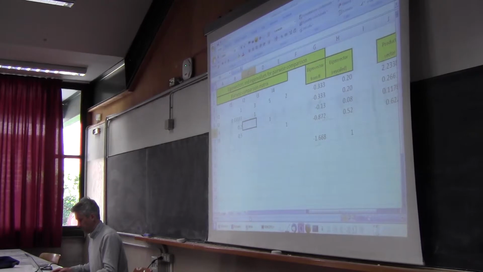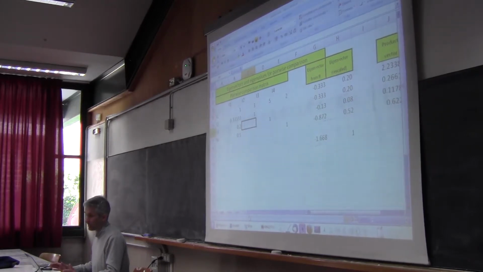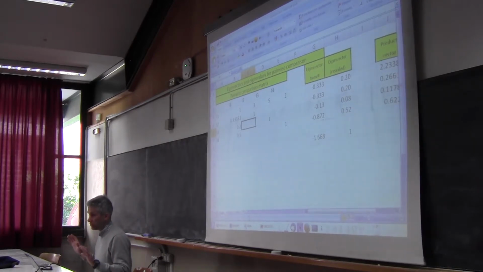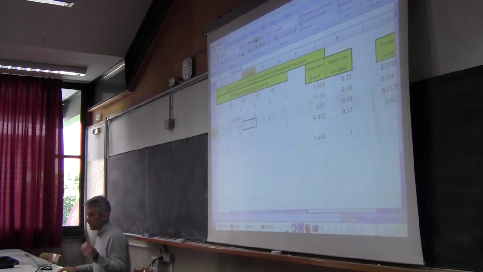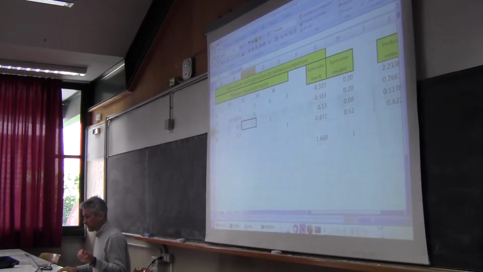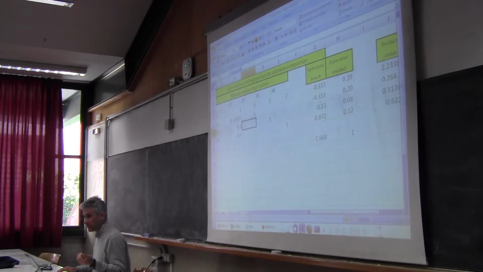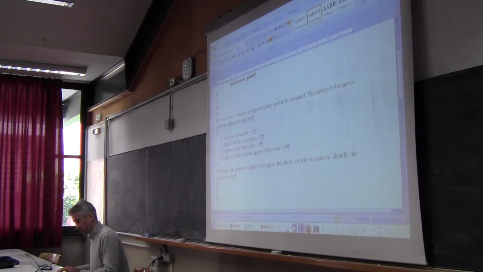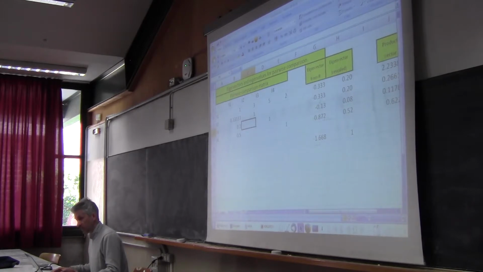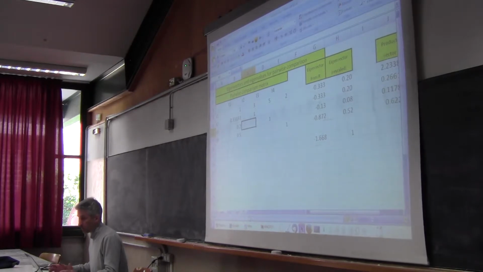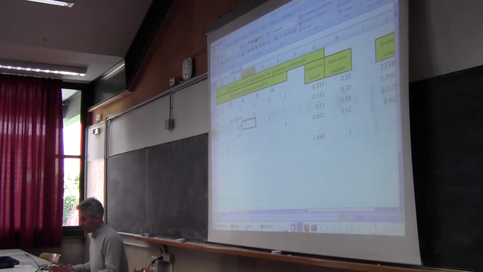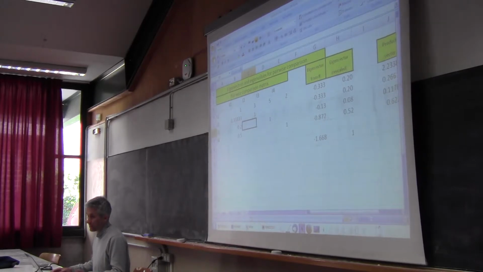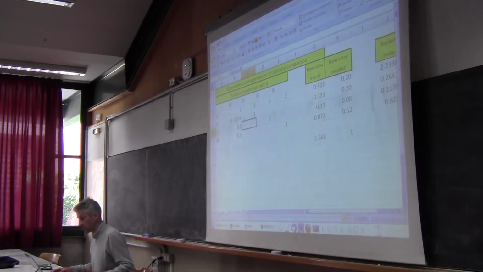Now, the situation so far was quite simple. The comparison was quite simple. Now it becomes a bit more complicated because we have to take into account the previous evaluations. So when we compare the indicator I3, impact on the landscape, against I2, the impact on the ecosystem, what could we say? We determined before that the impact on the landscape is less important than the impact on the ecosystem as a result of the previous comparisons.